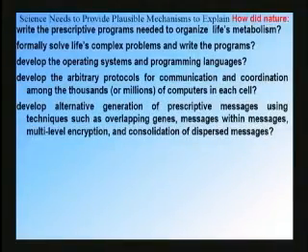How did nature develop multi-level encryption and the consolidation of dispersed messages? Some of the messages that are combined to form proteins come from sometimes 1 million nucleotides of separation between them. How did nature do that? These are science questions that need answers.